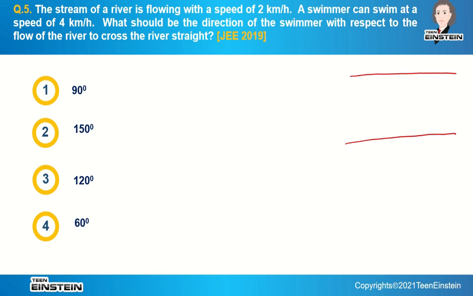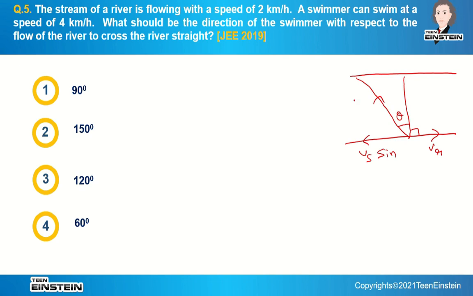So here if you see, if he is trying to cross from this side to the other side, you will be having this angle as theta, and this is the river speed, and this is the opposite direction, Vs sine theta.